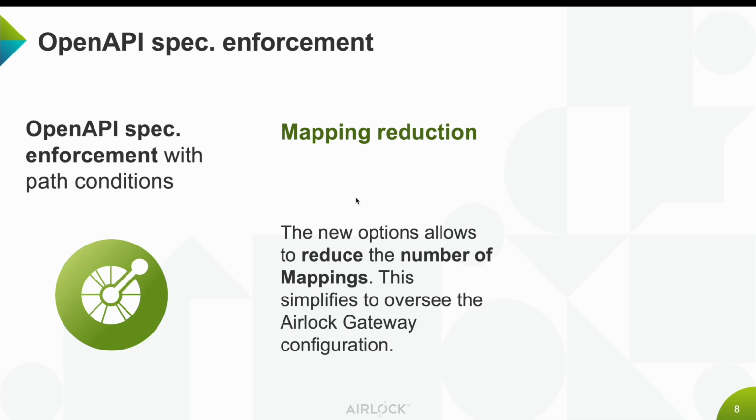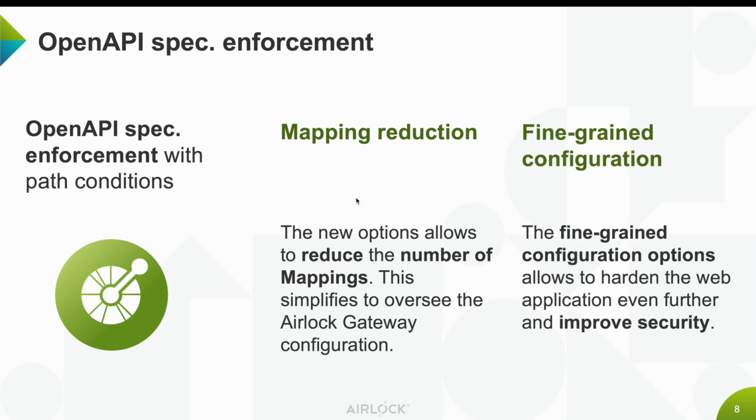This allows to simplify the Airlock Gateway configuration and reduce the number of mappings. Since it is easier to configure and oversee the configuration, it allows to harden your application even further and improve security.